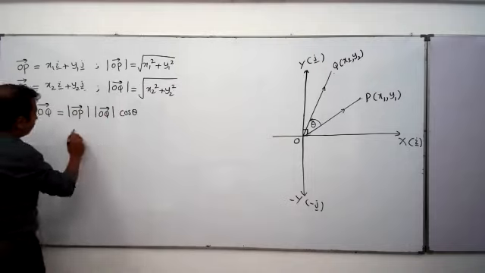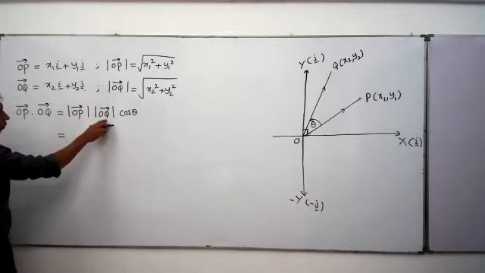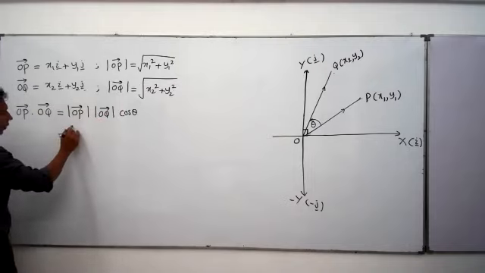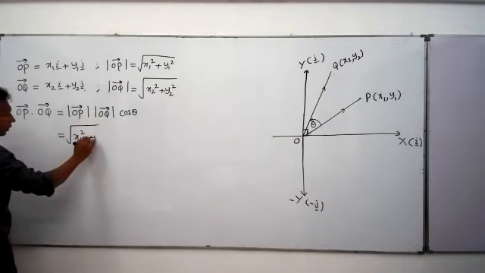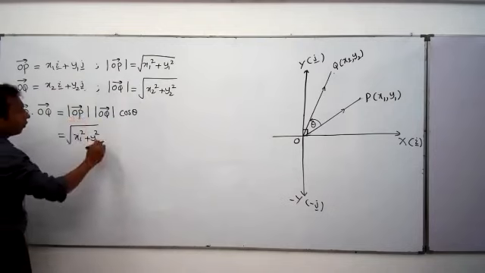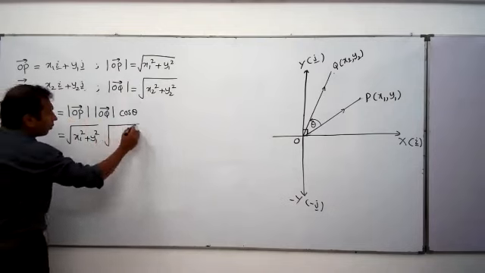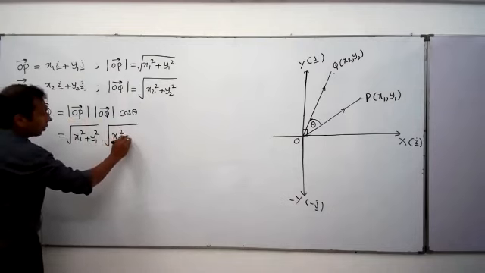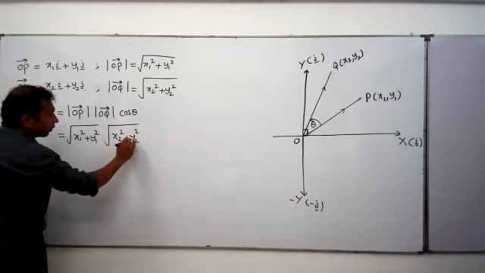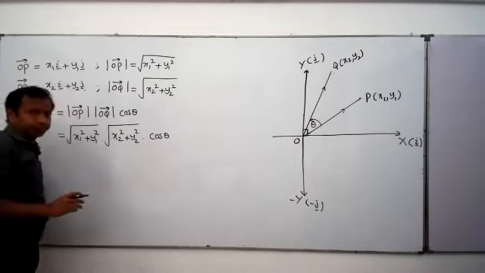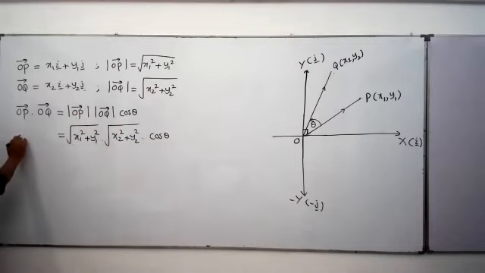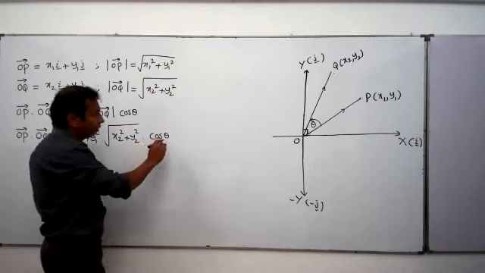I will keep substituting the OP and OQ moduli: OP modulus is the square root of x1 squared plus y1 squared, and OQ modulus is the square root of x2 squared plus y2 squared, into cos theta. Let us take this one, people, as number 1.